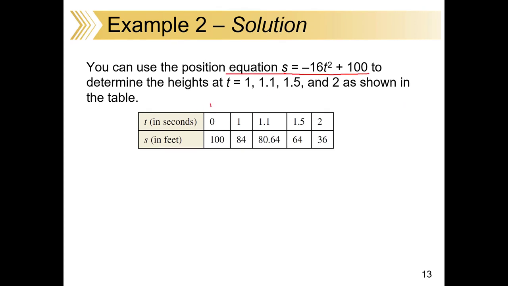We've got several different values for time. And all you need to do is take each one of those, put it in your formula up here, and you'll find out how far or where that object is at those 5 times. Someone's already done the work for us.